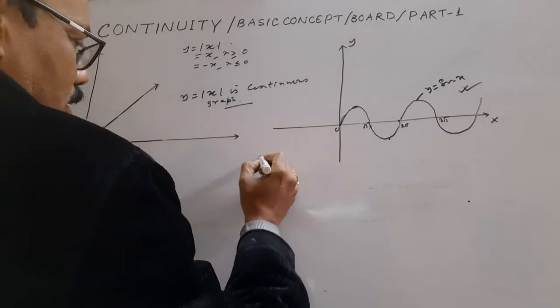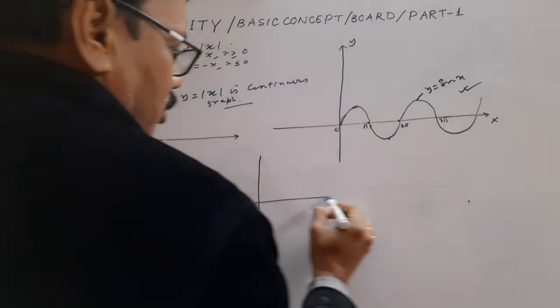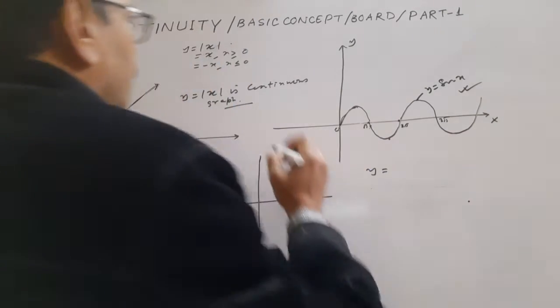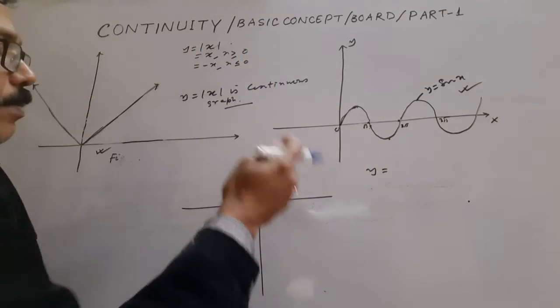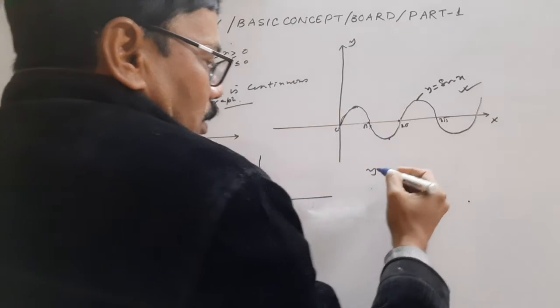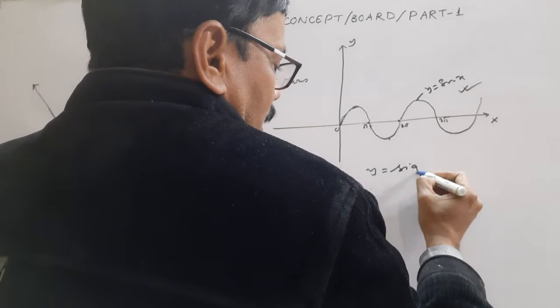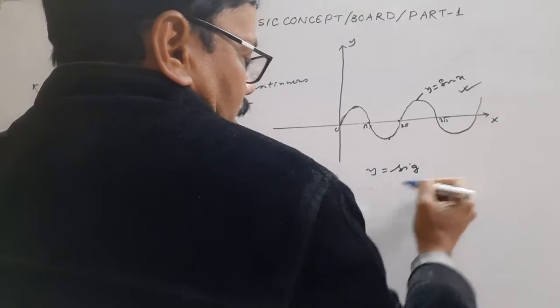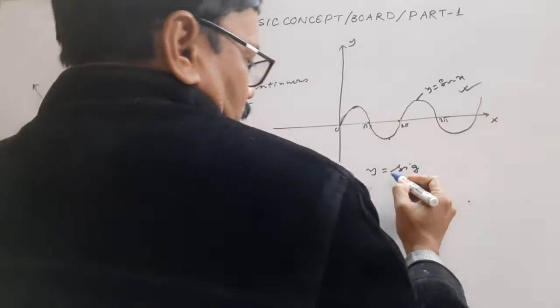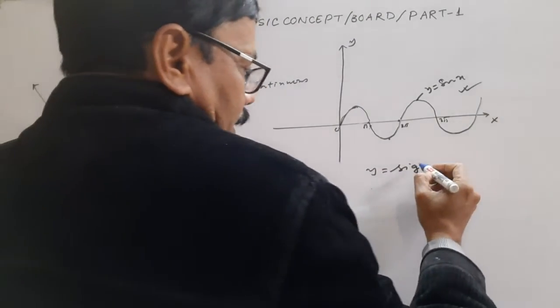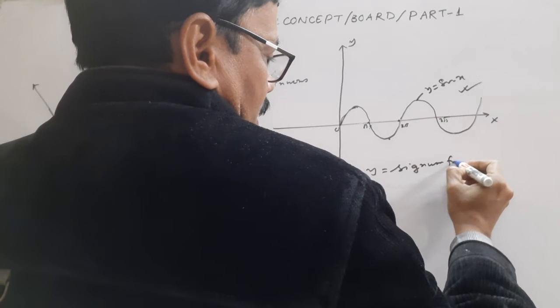Now look at the graph. We have already discussed it in the chapter on graphs of functions, the signum function. y equals to signum x.